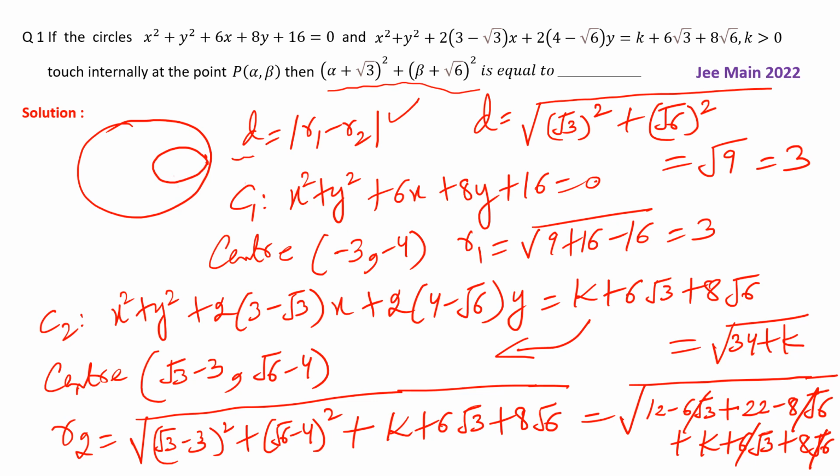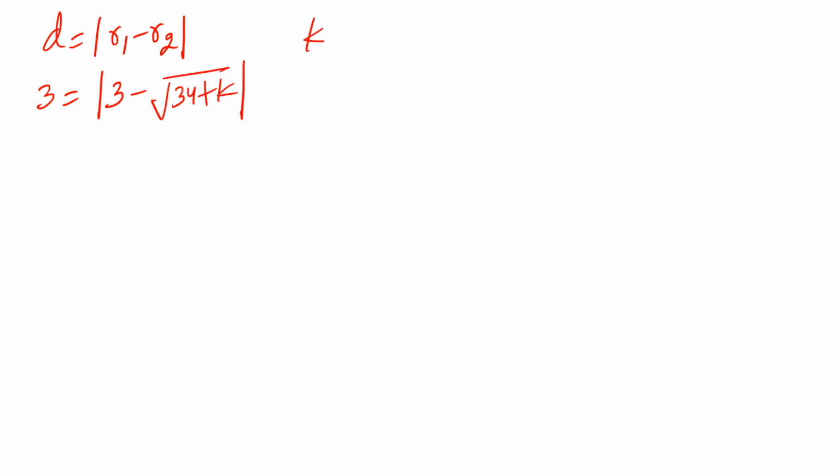And now we apply this particular condition, D equal to mod of R1 minus R2. So I can write 3 equal to mod of 3 minus square root of 34 plus k. Now we are given that k is positive.